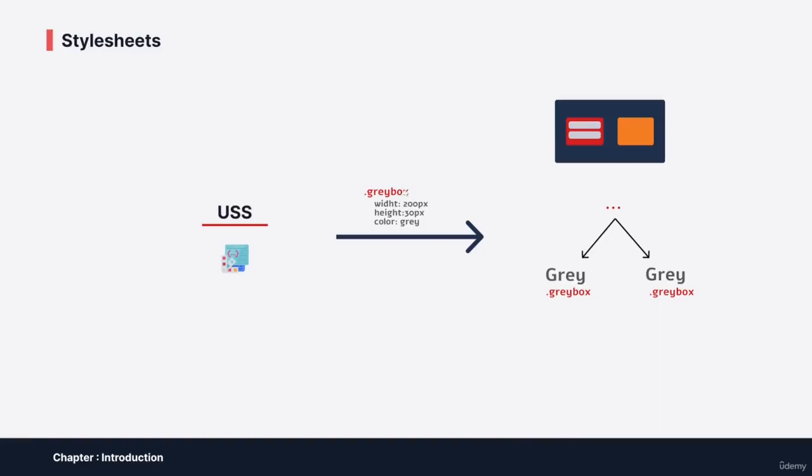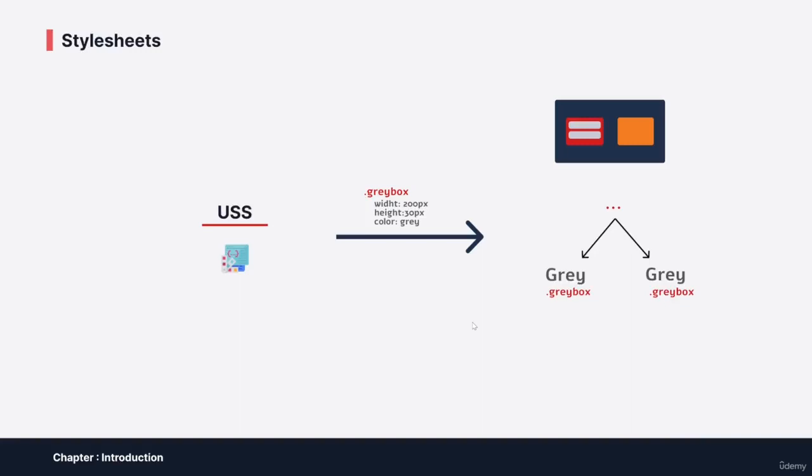And if you think further, one big advantage you can already see is that we could then have a different class with other style properties and also give this gray element those other classes. And just like that, you can create all sorts of complicated stylings and save a lot of work as opposed to having to style each element separately.